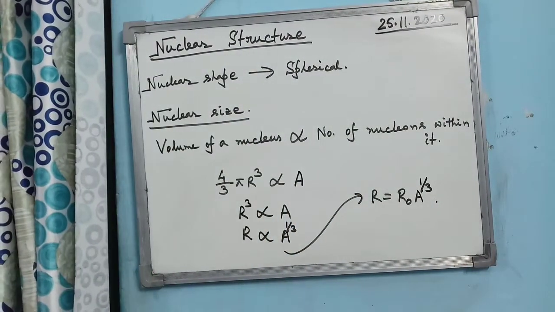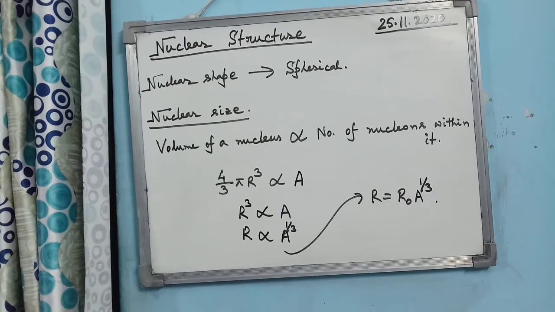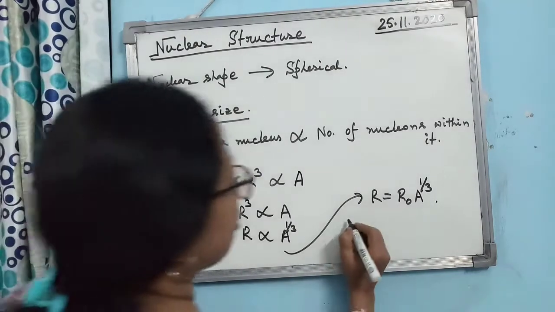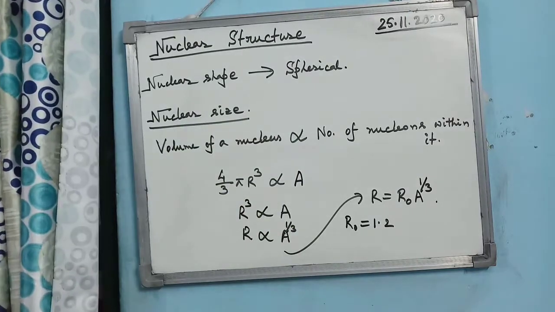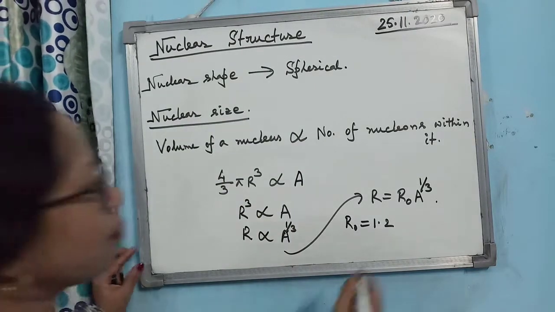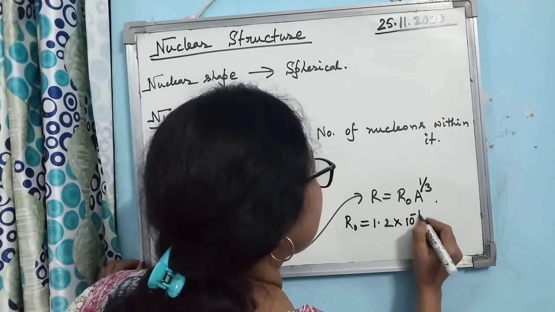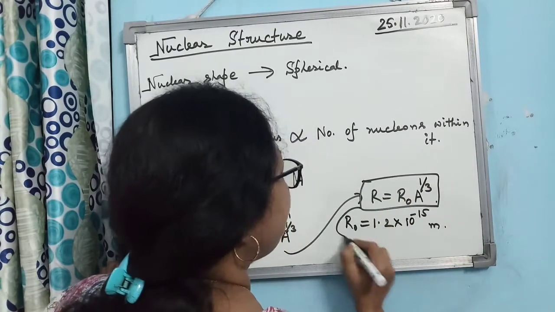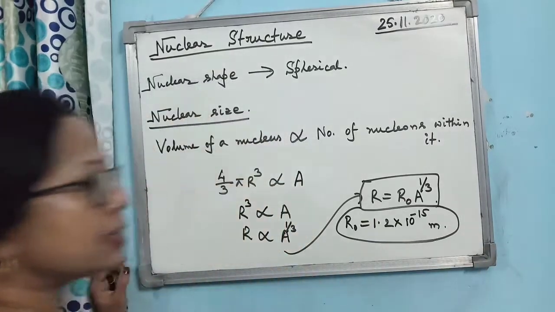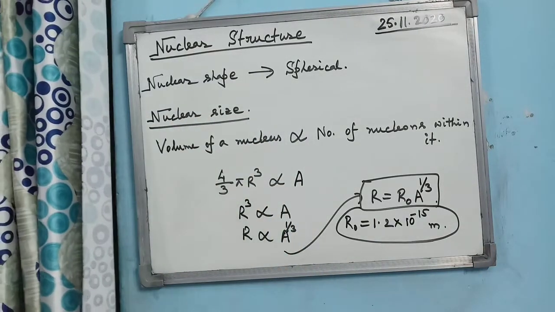This R naught is an experimental constant, and its value is 1.2 into 10 to the power minus 15 meter. This is the important information regarding the size of the nucleus of an atom.